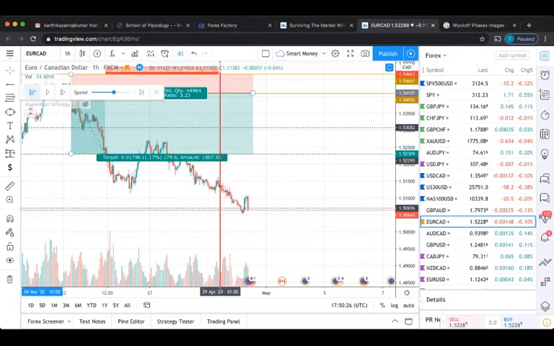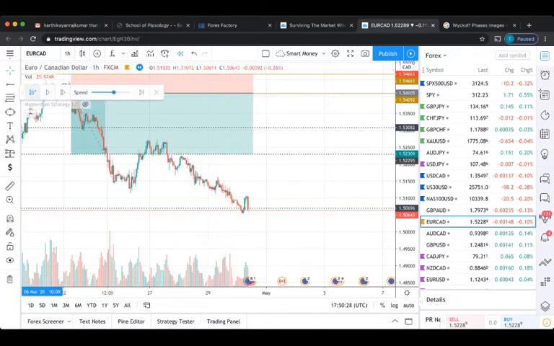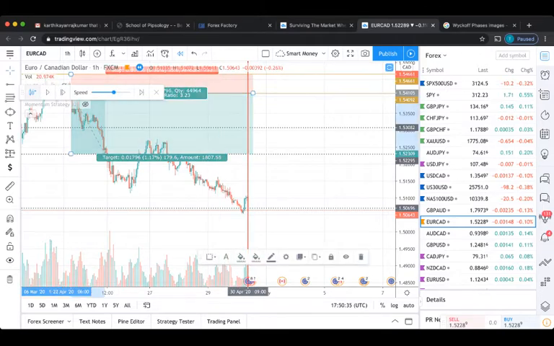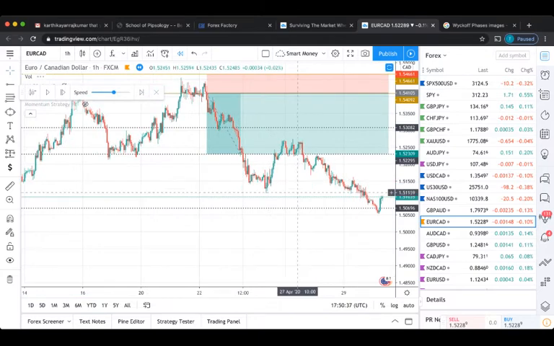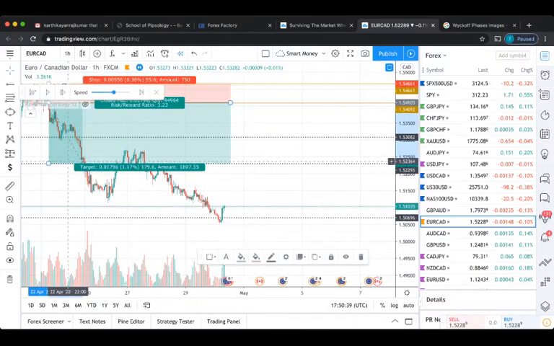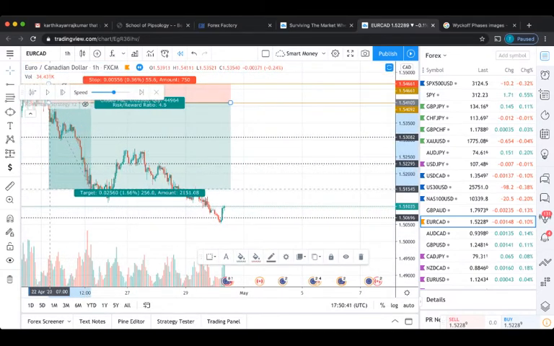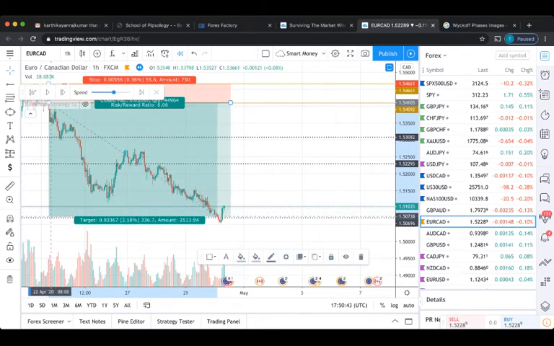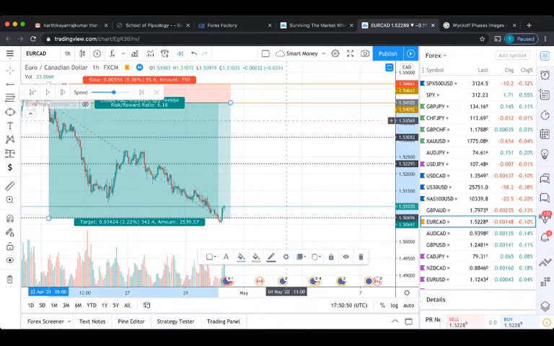Right. Grab this. So I'm having trouble with TradingView. Now you hit your third target.